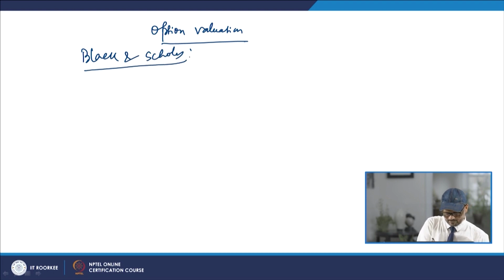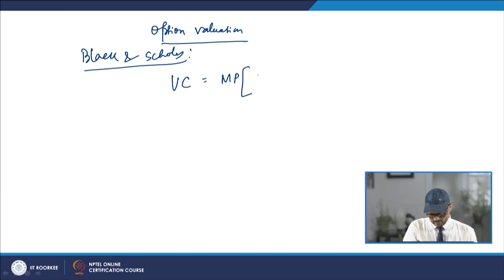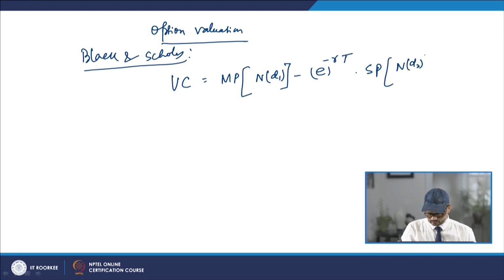They have basically given the relationship: VC, the call value, is equal to MP multiplied by ND1, minus e raised to the power minus R into T, and then into SP, the strike price, multiplied by ND2.